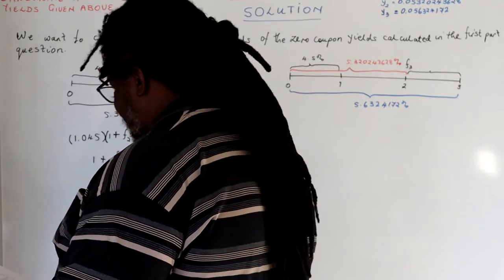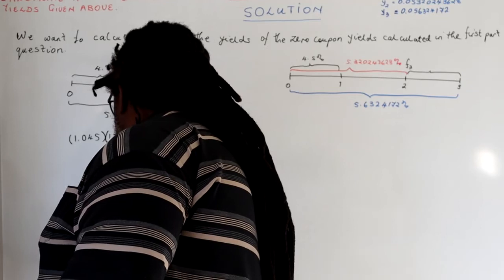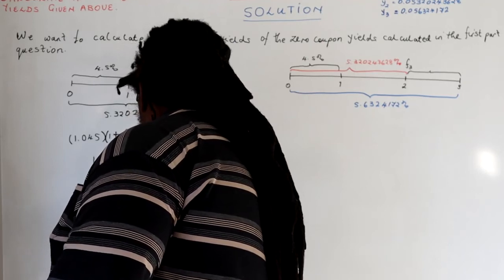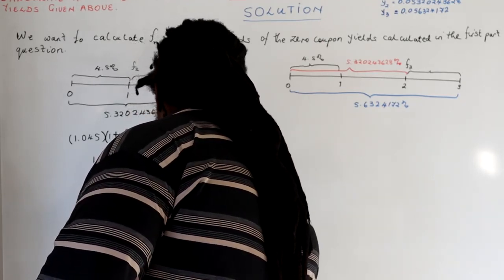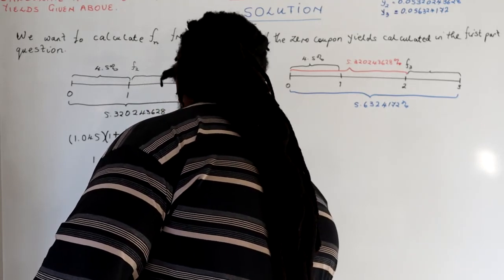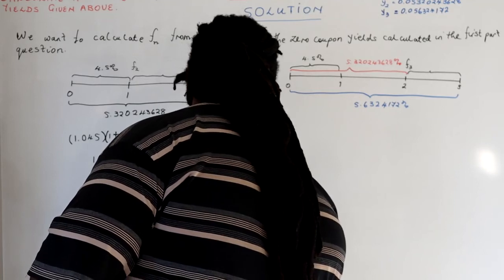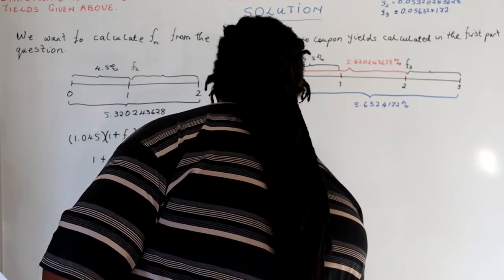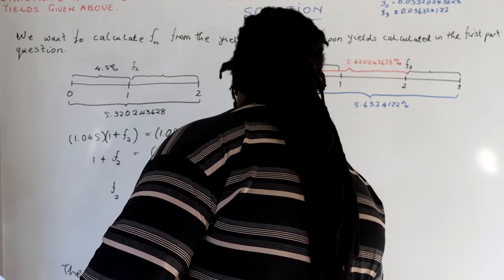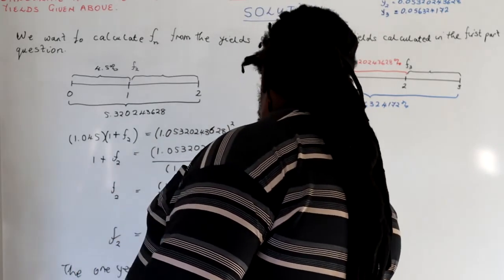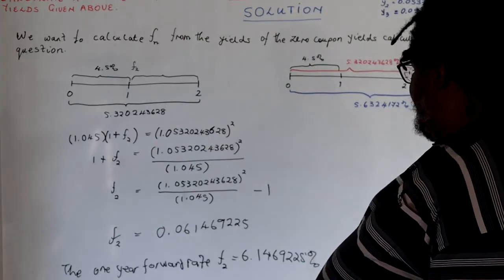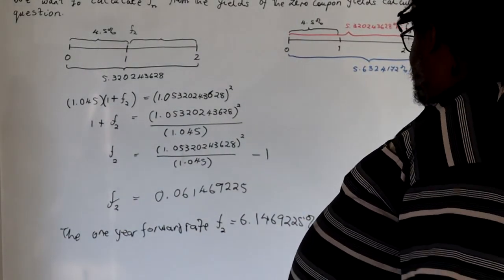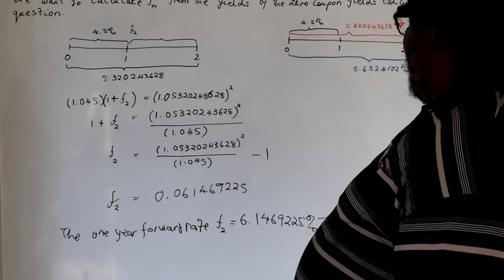And so the 1-year forward rate F2 is equal to 6.14692225%, and you can write this to 2 decimals, which will give you 6.15%, and this part is done.